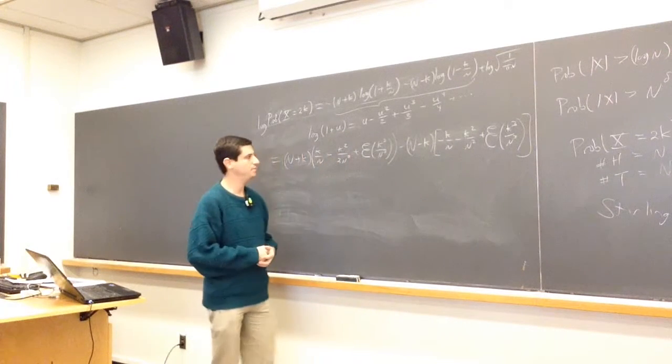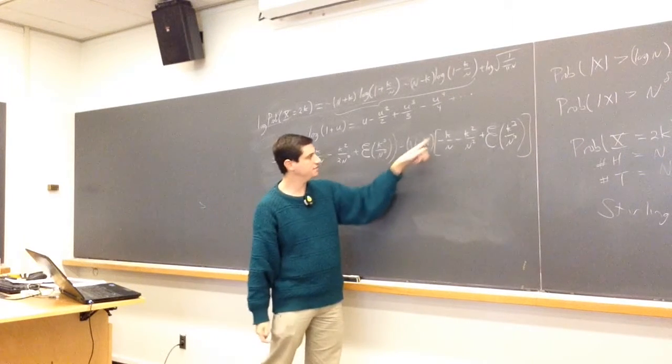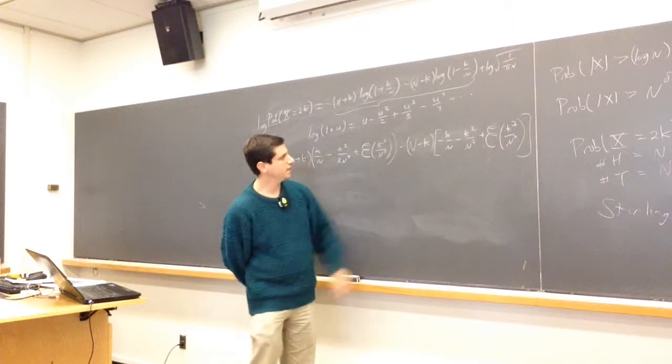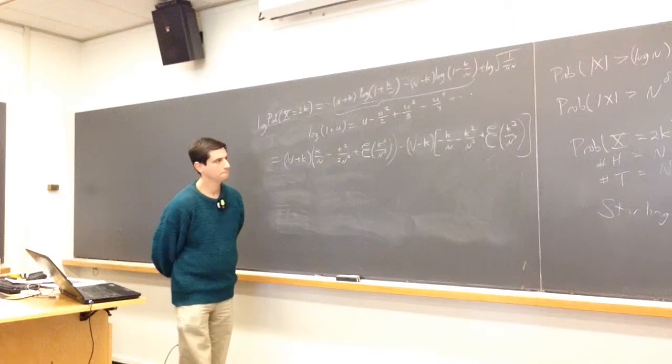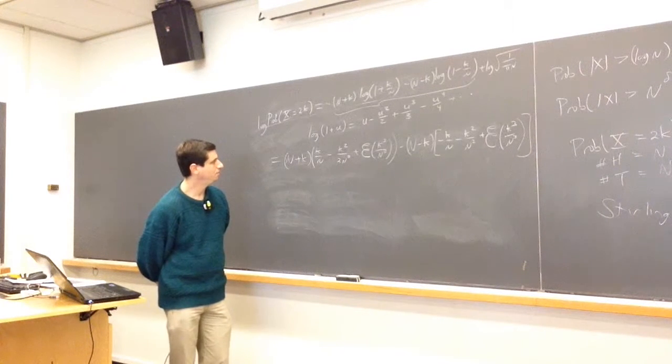Now let's look and see what happens as I multiply. I have the n times k over n. I have a negative n times a negative k over n. So what's going to happen with those terms?